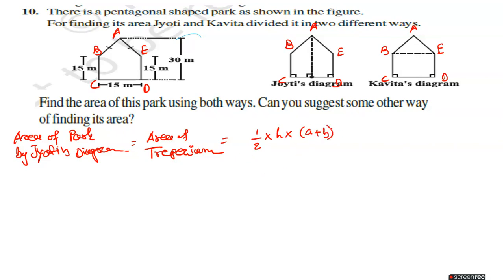But because two trapeziums are there, first is a b c f, second is a f d e. Two trapeziums are there, so I will multiply it by 2. Anybody have a problem? I have multiplied it by 2.